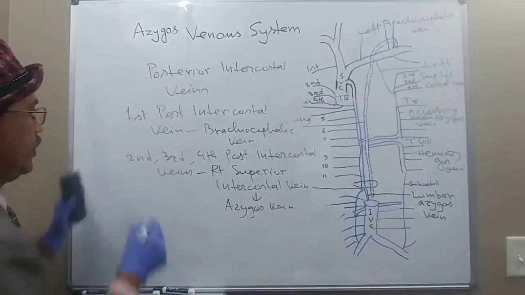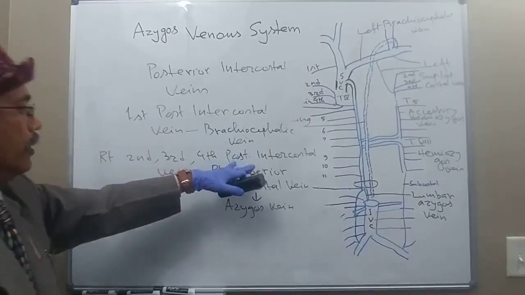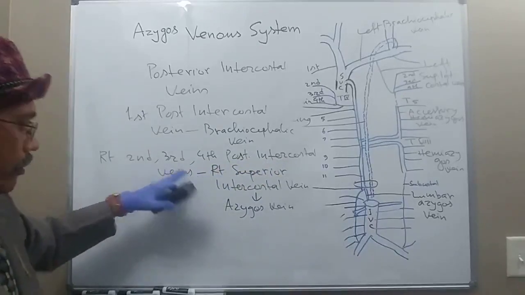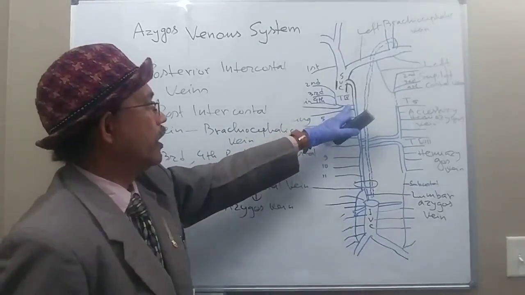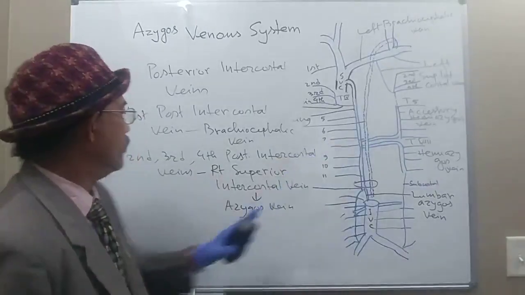On the right side, the second, third and fourth posterior intercostal veins join to form the right superior intercostal vein, and it opens into the azygos vein.